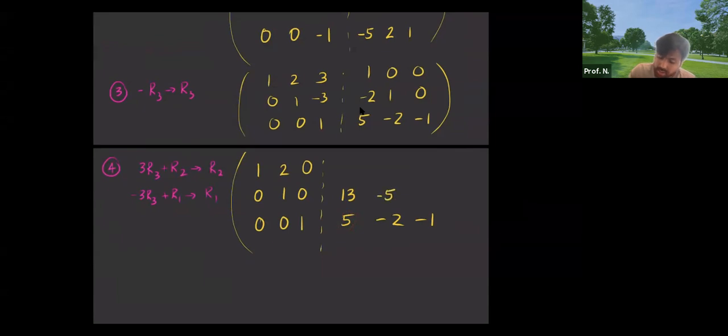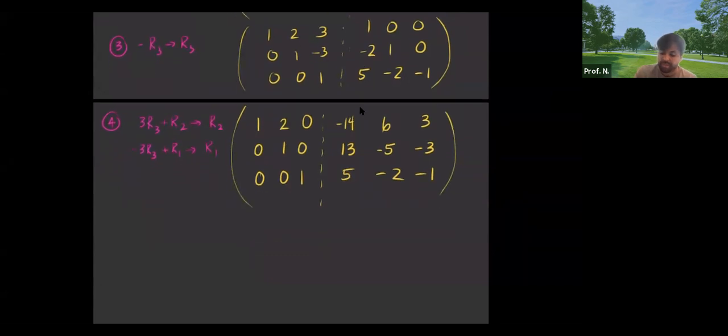And then -3 times row 3 for the first row, so that's -15 plus 1 is -14. Then +6 is that, and this becomes 3. So that's what I get so far. And then the last step is to do what?